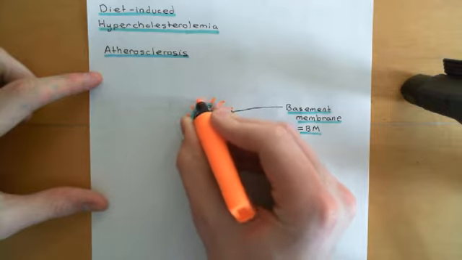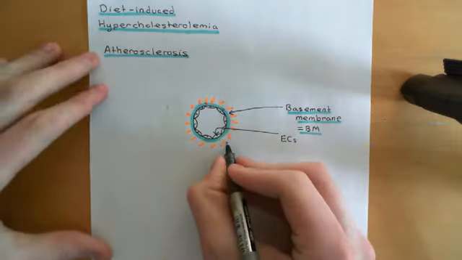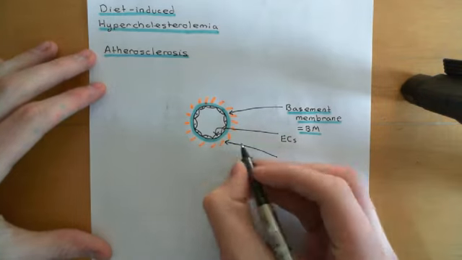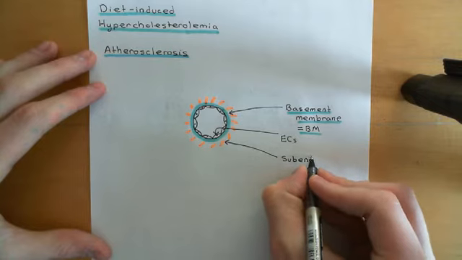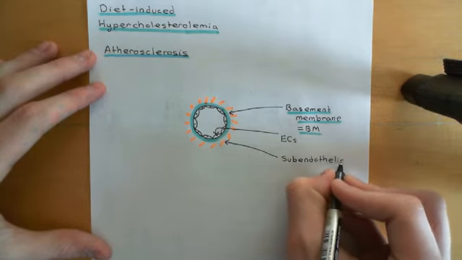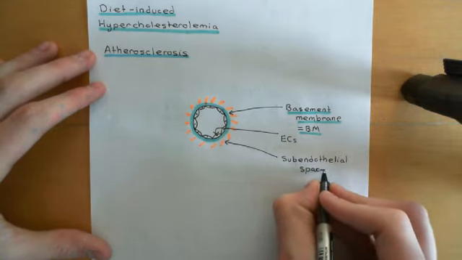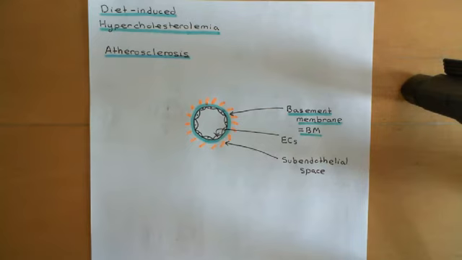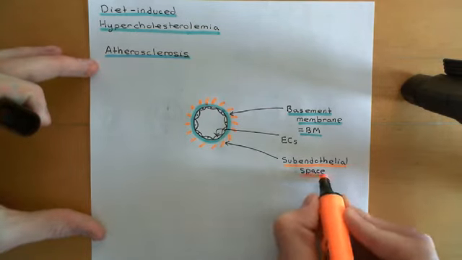This layer of connective tissue underneath the basement membrane is what's known as the subendothelial connective tissue, or sometimes just called the subendothelial space. So either the subendothelial connective tissue, or we'll use subendothelial space. So that's represented in orange here.